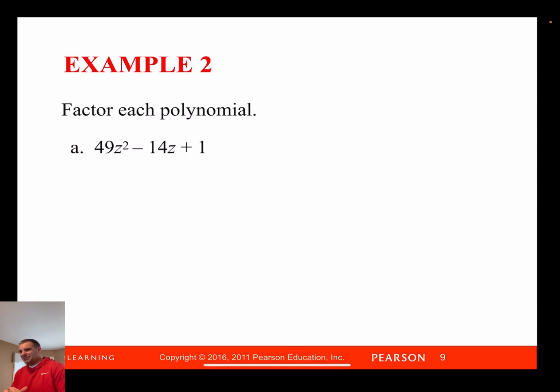And when I see something that's a trinomial like this, you can look at it and say, okay, I've got this. What's the square root of my x squared? What's the square root of my 49z squared? Square root of 49 is 7.